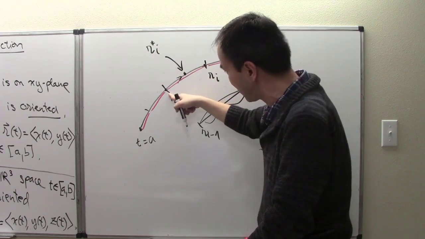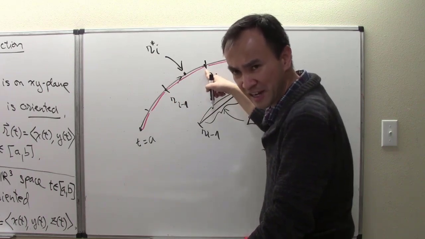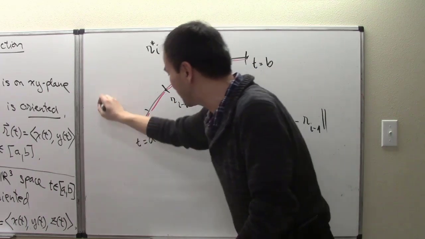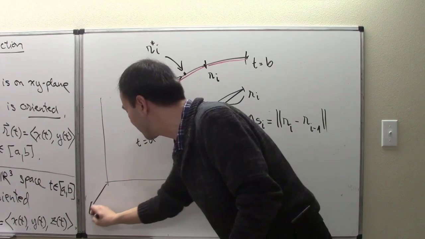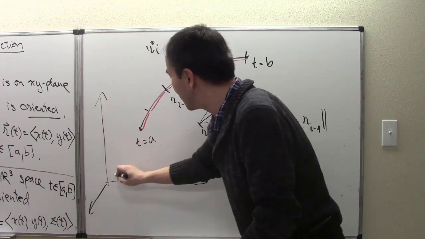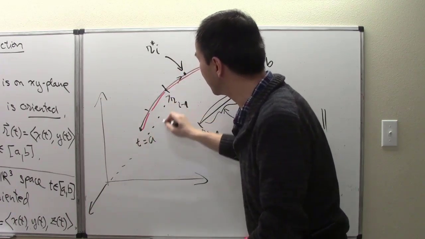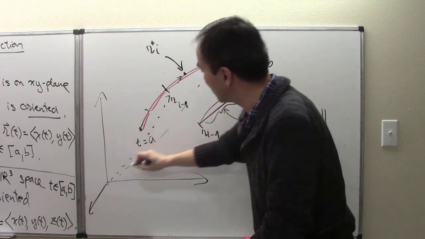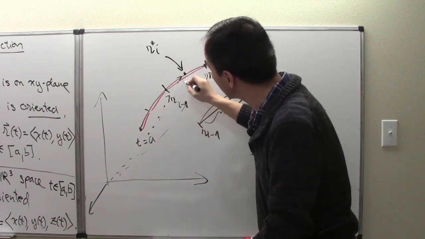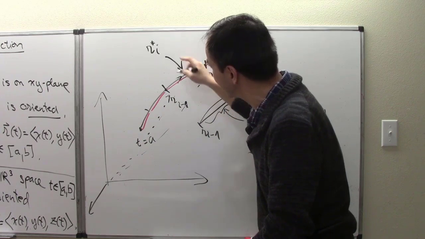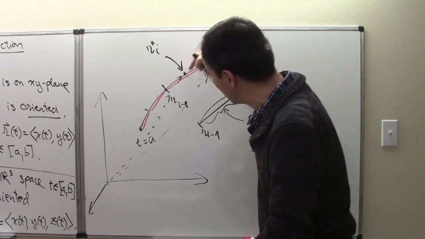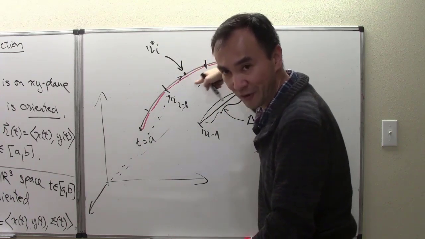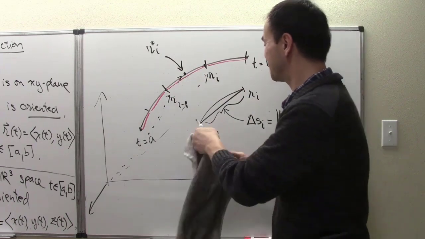Not necessarily on this point or on that point, even though it could be. Again, the x and y axis system is here, r sub i minus 1 is here, r sub i is here, but r star sub i is here. It's the sample point, some sample point on that arc at the ith interval.